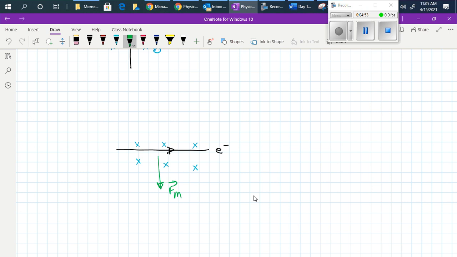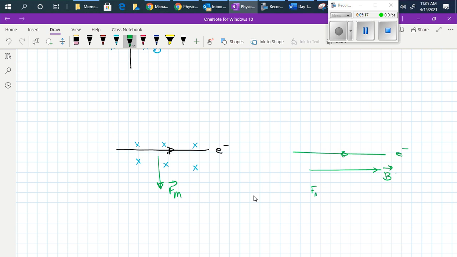Okay, now the question will be, what if the velocity and the direction of the external magnetic field are parallel to each other? What will happen in the case when the electron and the magnetic field are in the same direction?